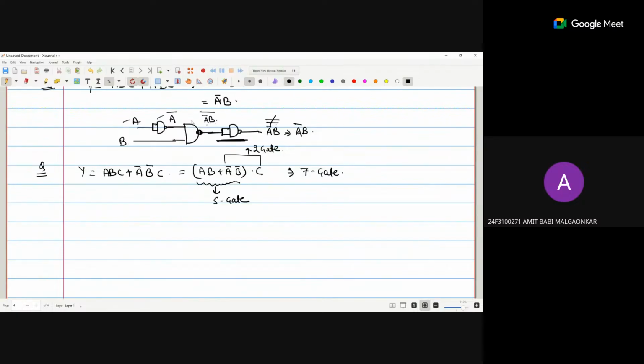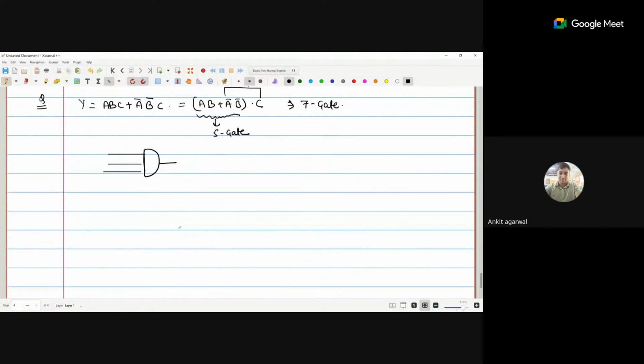So A, B, C. Ending of this one. A bar, B bar, C. Ending of this one. And one. So one bubble and one bubble cancel out. One bubble here and one bubble cancel out.